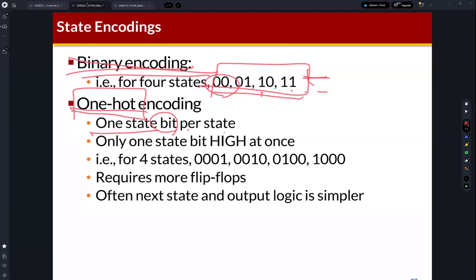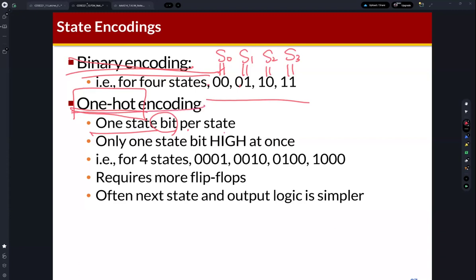One-hot encoding means one bit per state. What does that mean? Using binary encoding, 00 represents S0, this is S1, this is S2, this is S3, so we require only 2 bits. But in one-hot encoding, each bit represents a state.